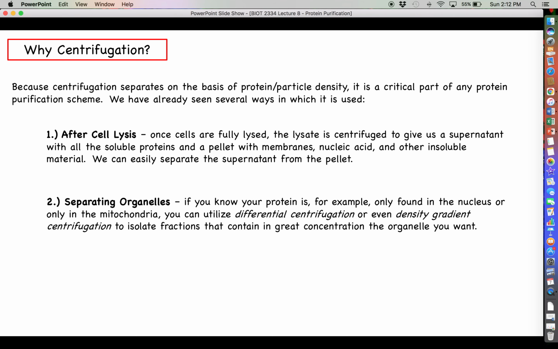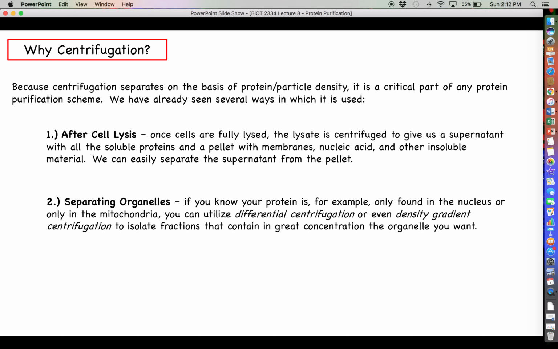We've also seen that we can use differential centrifugation to separate organelles from each other after the lysis has occurred. So this is going to be useful if you happen to know that your protein is only located in one specific place inside the cell, such as the case is with something like cytochrome C being located in mitochondria.